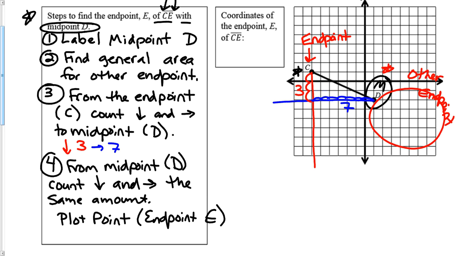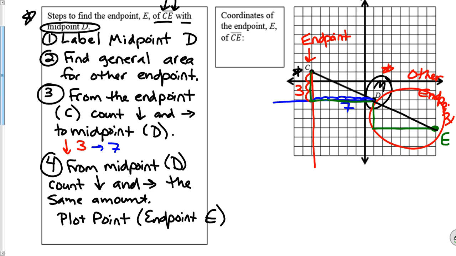Okay, so I counted down 3 and over 7 to get to D, and I'm going to do it again. I'm going to count down 3, 1, 2, 3, and then I'm going to count over 7. 1, 2, 3, 4, 5, 6, 7, and I'm going to plot the point, and that will be my other end point. If I were to draw this segment in, D would now be the midpoint of segment CE.